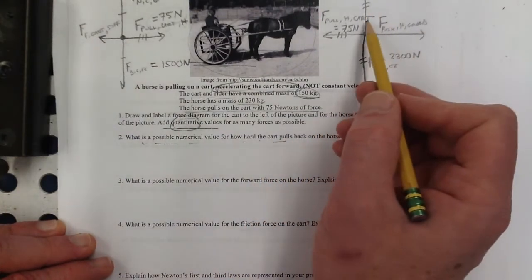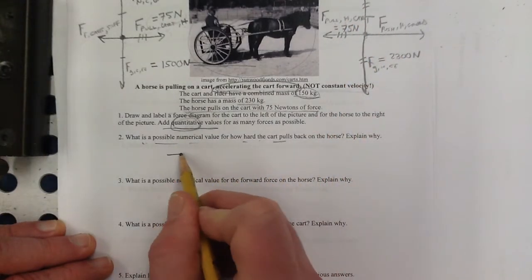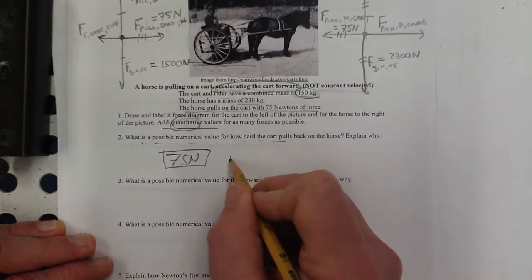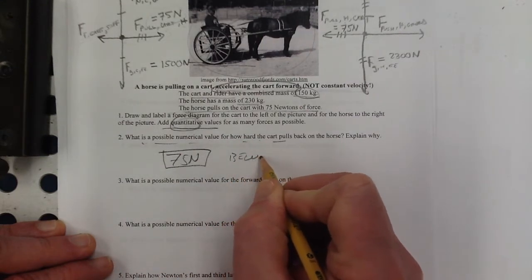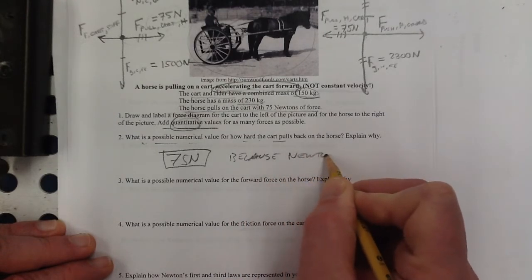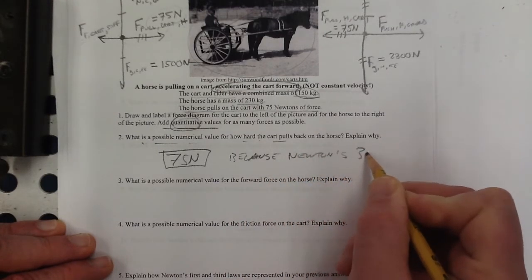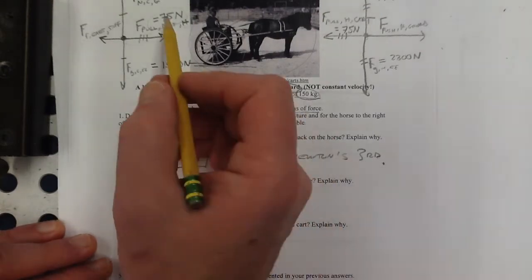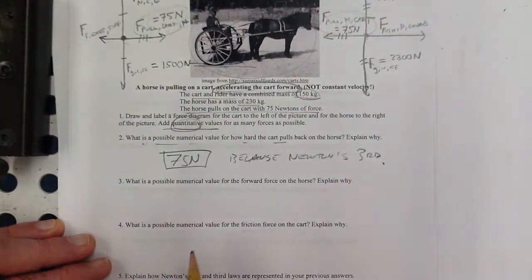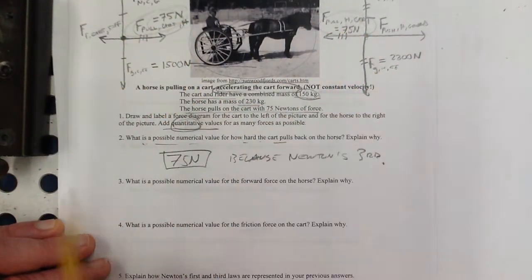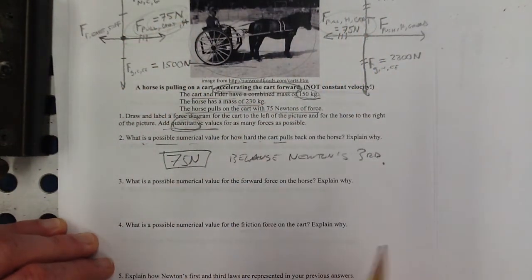It's got to be 75 newtons only, because of Newton's third law. Equal opposite. So there's only one force there. This and this is actually the same force. This is how the cart experiences it, and this is how the horse experiences it. But it is the same force.